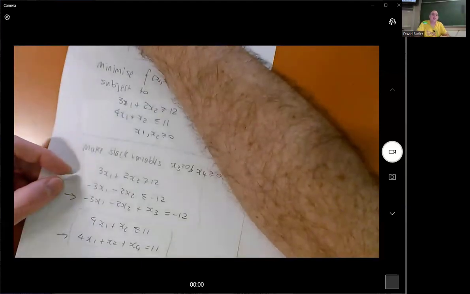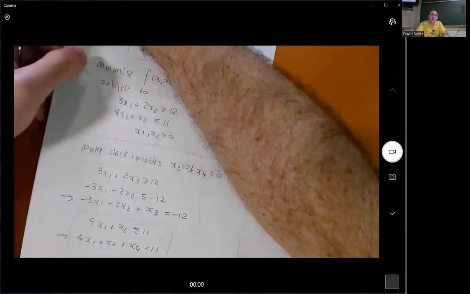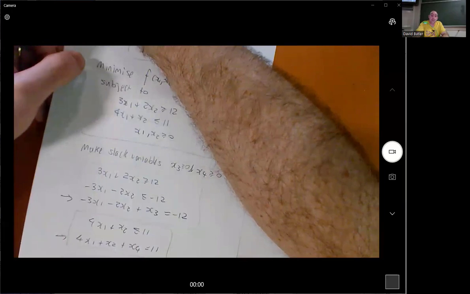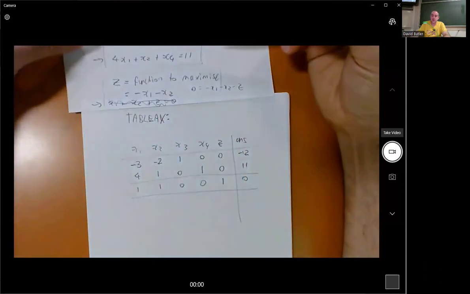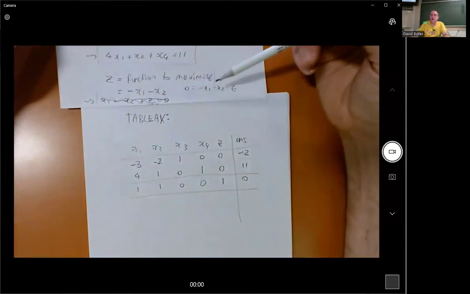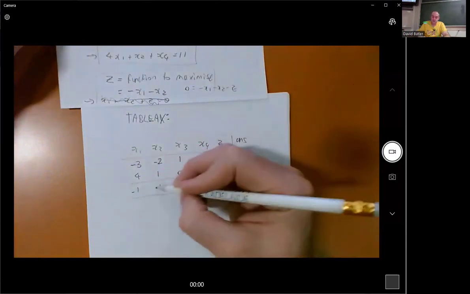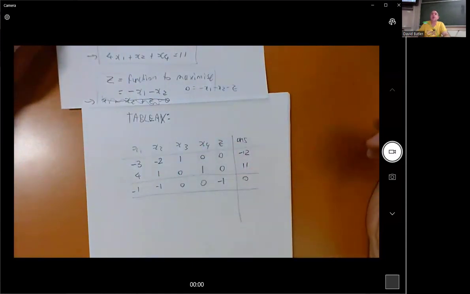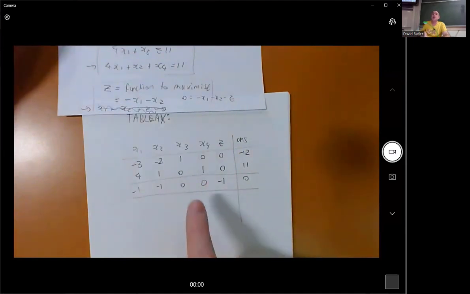That's one of the options, but we want to find the other options that are better. So I think that if you want to maximize your function, you need to arrange it in such a way that there are some negatives. And it's okay for this to be a -1. I know in the traditional tableau it's a 1, but we need to make sure there are some negatives or we're not going to be able to do the problem at all.